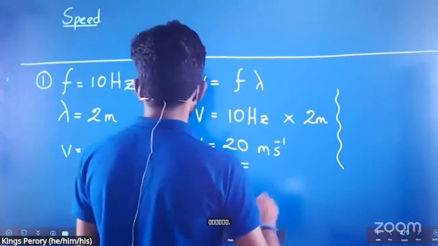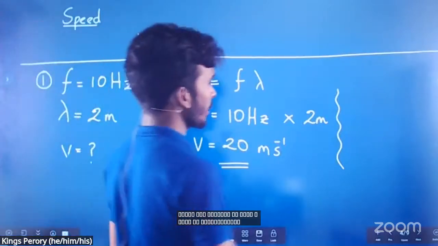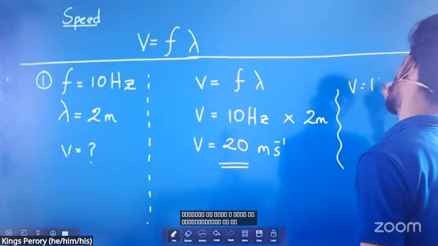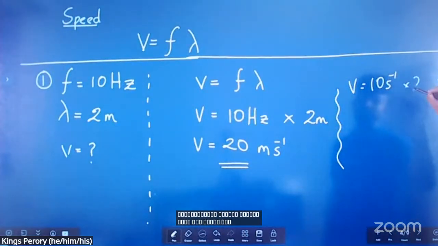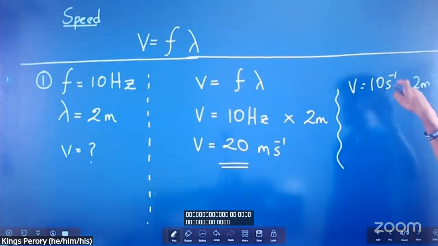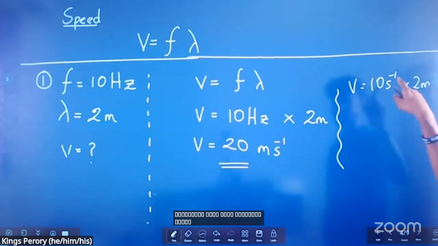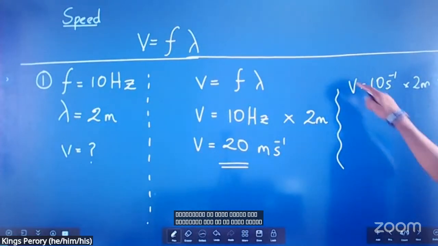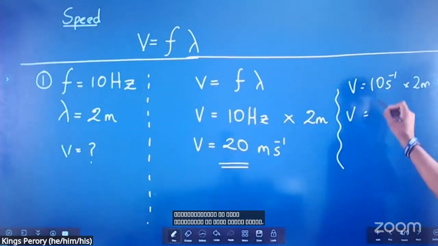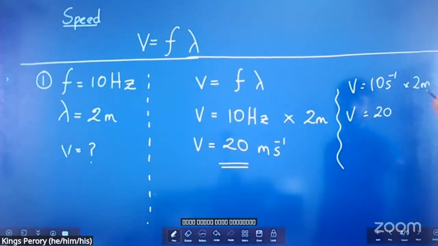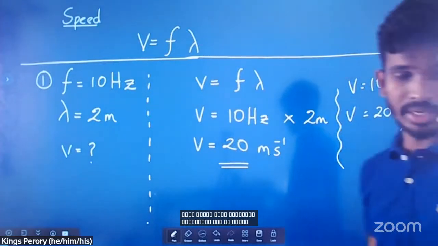Per second, S to the power minus 1. So if I write the frequency in S to the power minus 1, speed becomes 10 S to the power minus 1 multiplied by 2 meters. Hertz is S to the power minus 1. 10 into 2, 20. Meters is there, S to the power minus 1 is there: 20 meters per second.